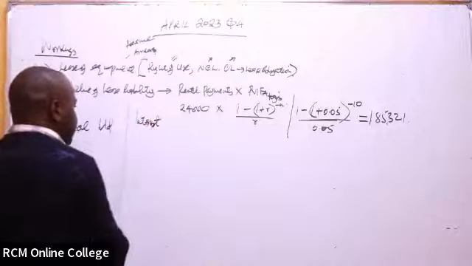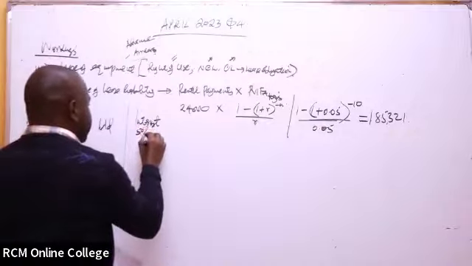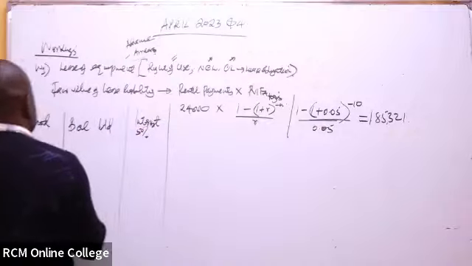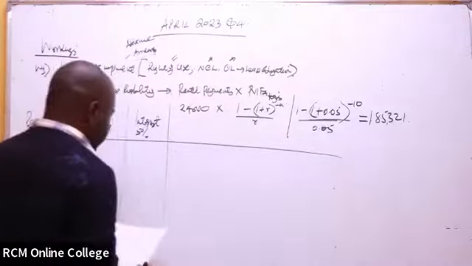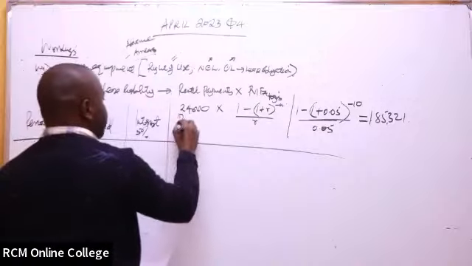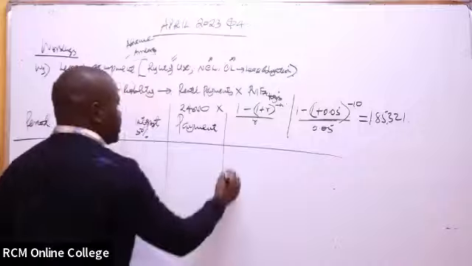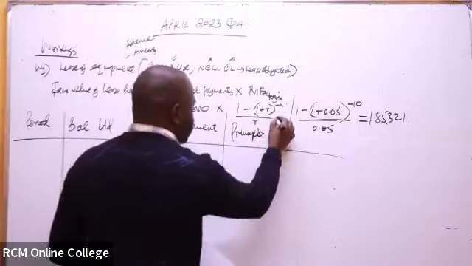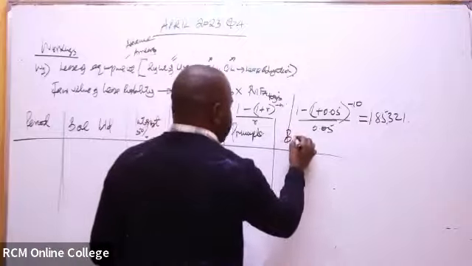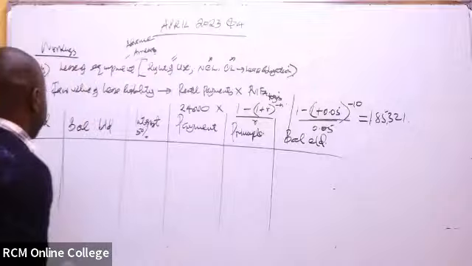So we first have interest, which is at 5%. Then we have the payment made at the end of the period. Of this payment, we have to identify what is the principal amount, and what is the balance carried down at the end of the year after they have made the payment.